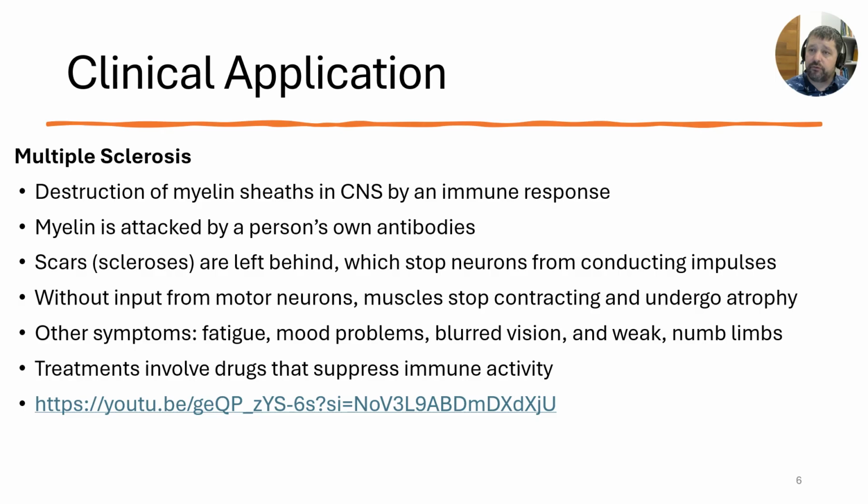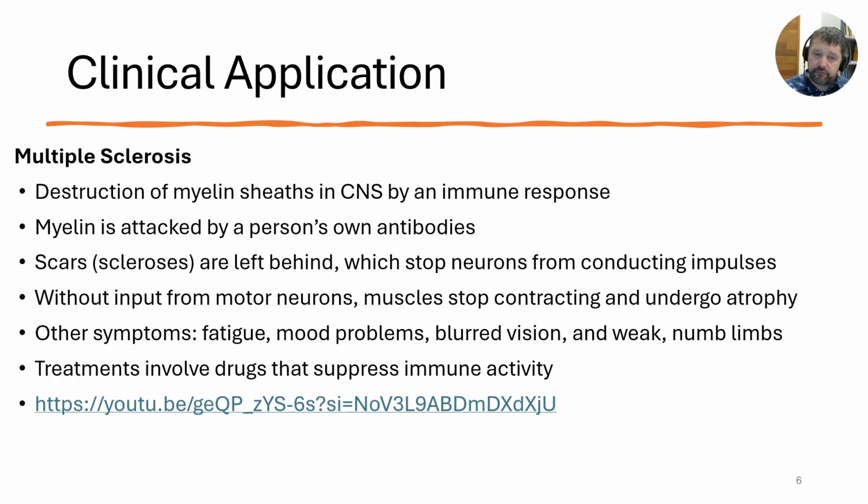Some muscles have to make up for the regions where there is no neurotransmitter, so other motor neurons have to kick in and they're overactive, and then they become fatigued because there's not enough energy, there's not enough recovery time, and you can get fatigue, mood problems, blurry vision, all kinds of things. Obviously, weakness or problems in the limbs because a lot of the motor neurons are going to occur in that region.